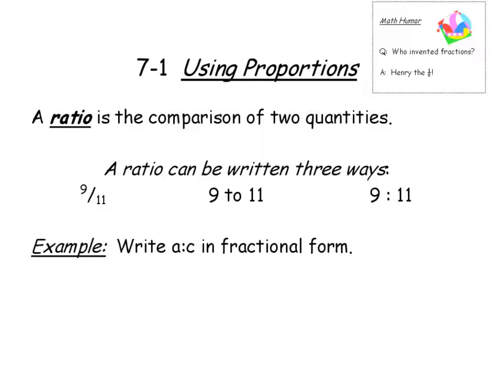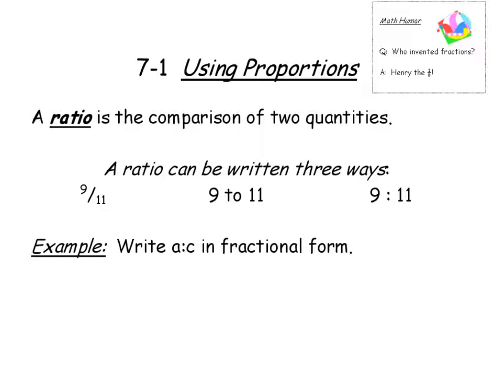All right, so 7-1 using proportions. We're going to start out nice and easy, something simple, just talking about the definition. A ratio is simply a comparison of two quantities. It can be written three different ways: as a fraction, as literally 9 to 11, talking it out with the word "to" in the middle, or with a colon in place of the "to", so 9 to 11.